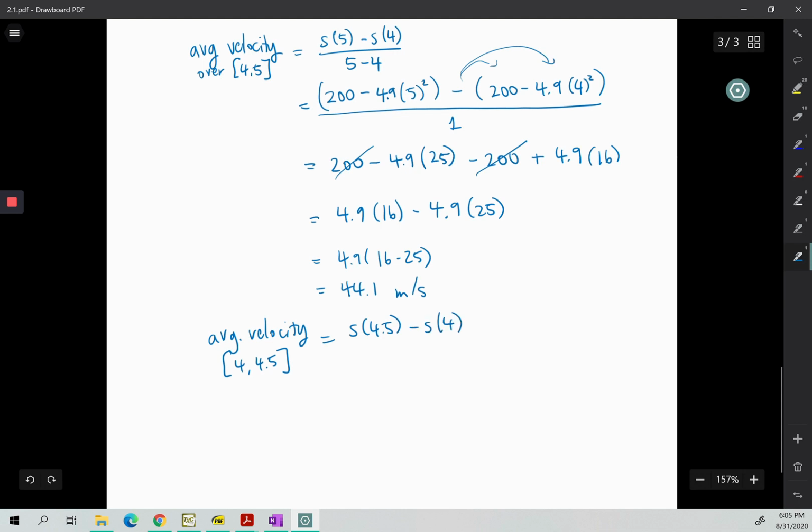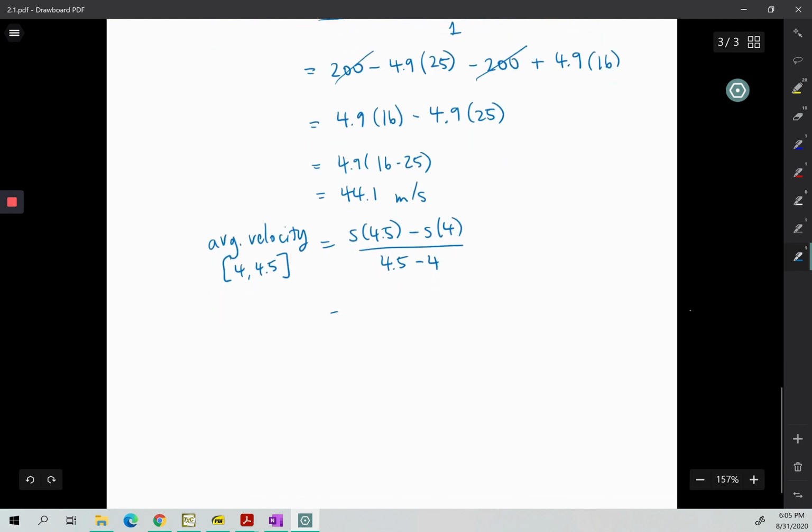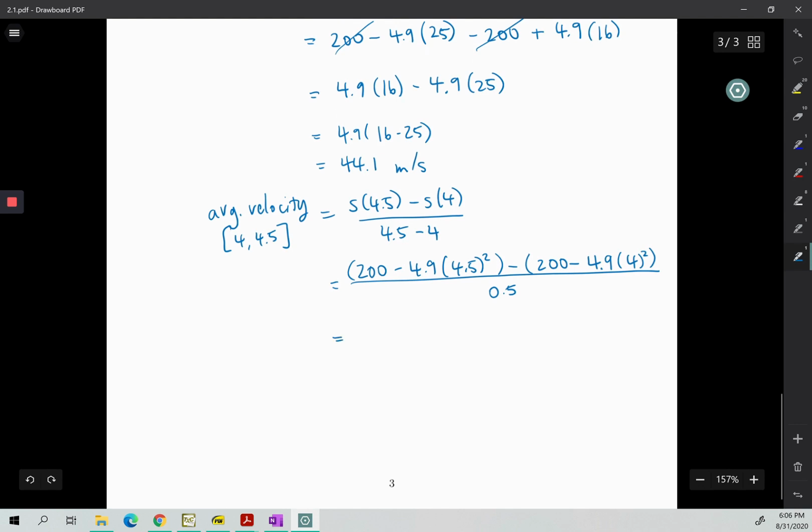So this will instead be s of 4.5 minus s of 4, and then 4.5 minus 4, and that will give us 200 minus 4.9, we get 4.5 squared, minus 200 minus 4.9 times 4 squared, over 0.5, and I'm going to skip some steps in this computation, but basically we'll get 16 minus 4.5 squared, and that'll be over 0.5.